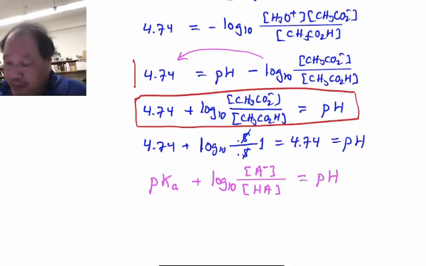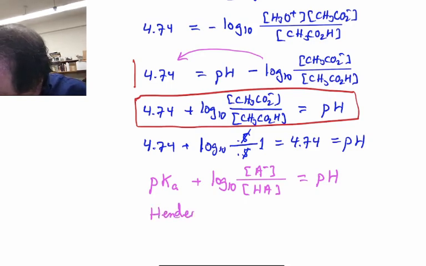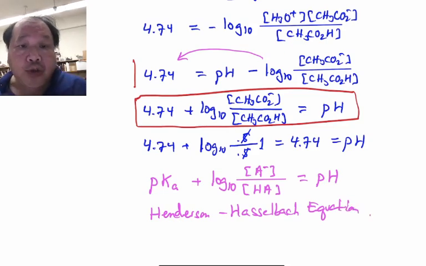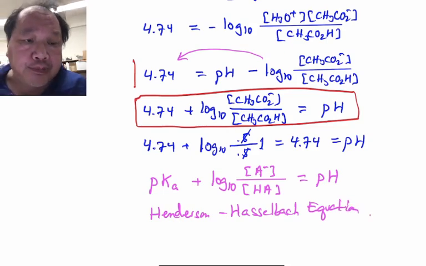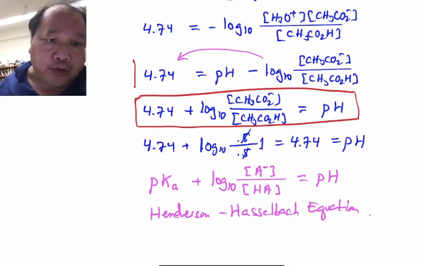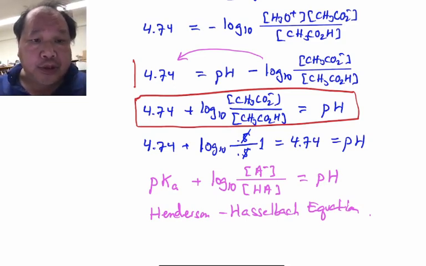And this is known as the Henderson-Hasselbalch equation. An equation that's used when the predominant acid and base are conjugates of each other. And we'll consider more the situation in the lab.